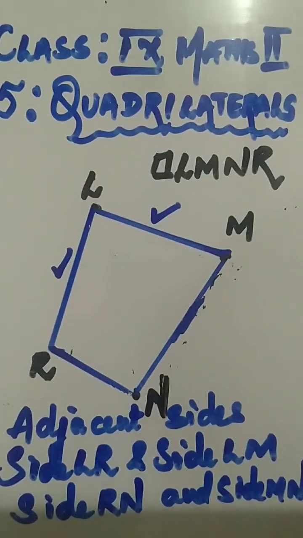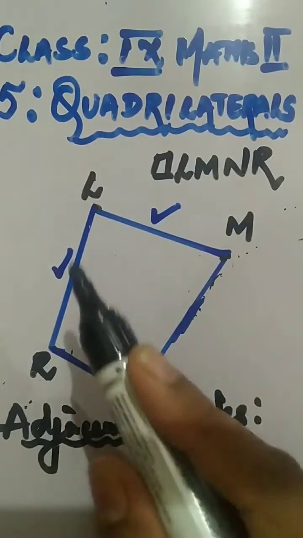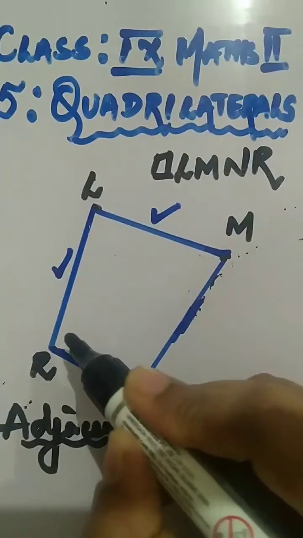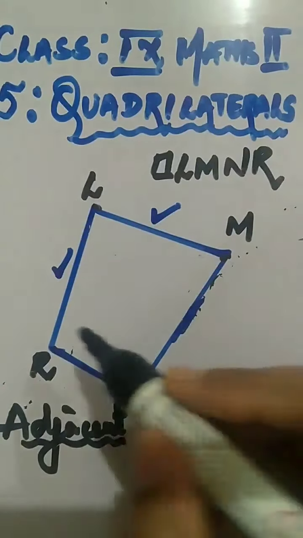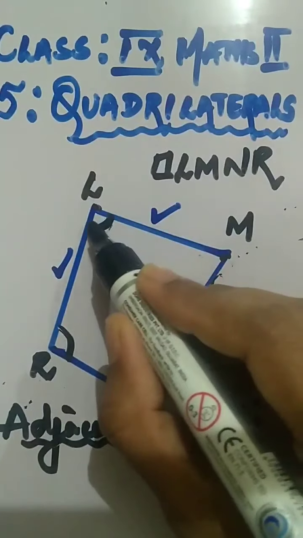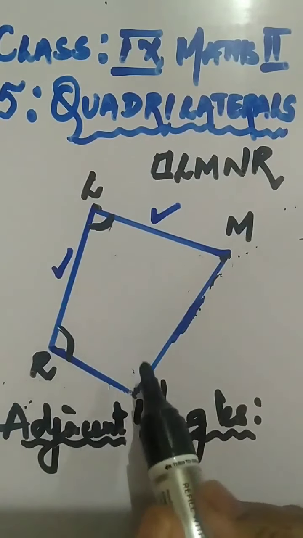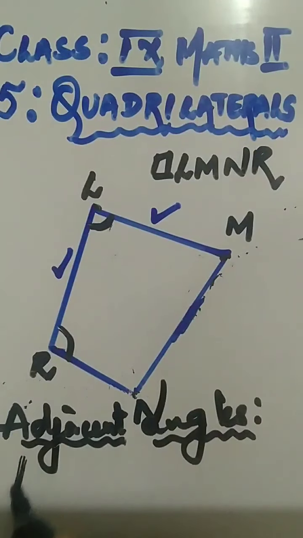Now let us move on to adjacent angles. Which are the adjacent angles? Angles which are neighboring. Don't take the opposite angle, that's it. Angle R and angle L, they both are adjacent, or you can take angle R and angle N. So how will you write?